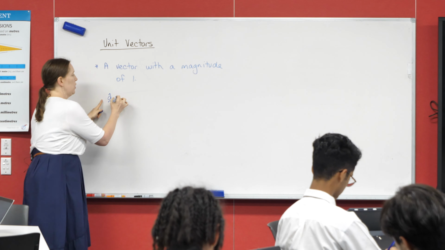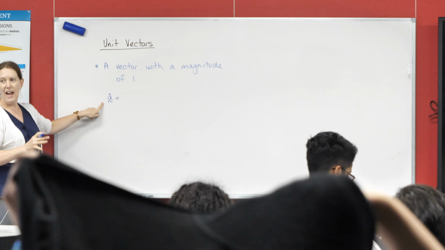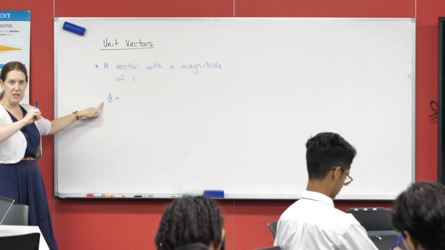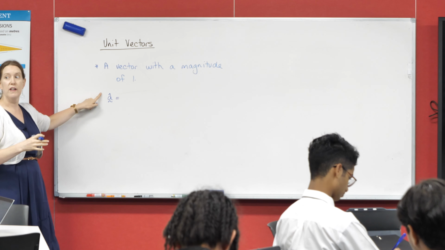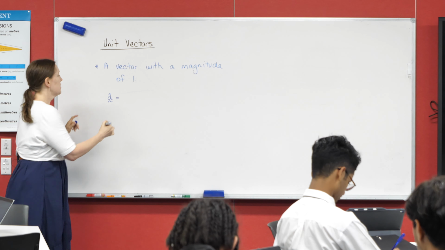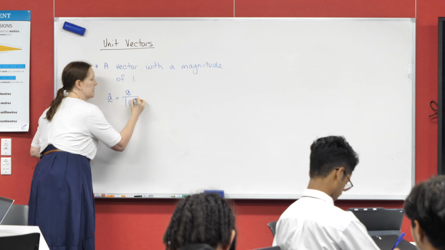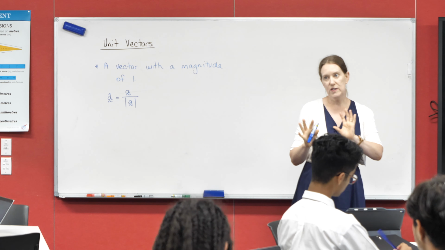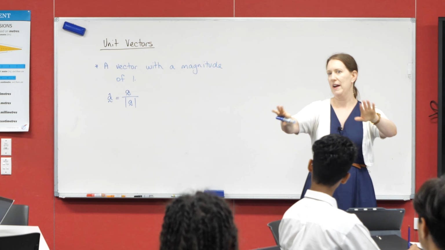Now, if I want to turn my vector A into a unit vector, I do not want to strip it of its direction, because we already know when we strip it of direction, we get just the magnitude. I want to strip it of its magnitude. So I get my vector A and I strip it of its magnitude. It's a bit like what we've done previously where we said absolute value gets rid of our direction.